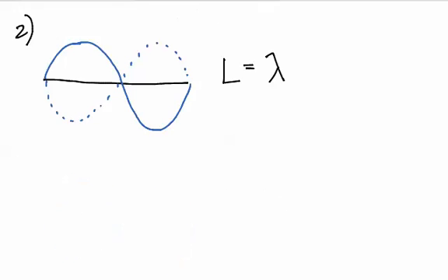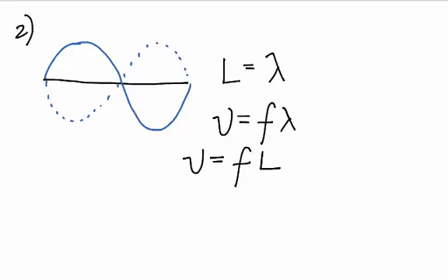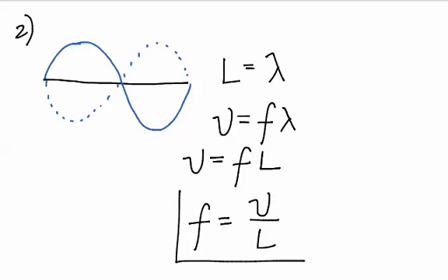Okay. I'm going to play the same game I did a minute ago. Speed is equal to frequency times wavelength. So the speed is equal to frequency times L. So our frequency would be speed divided by L. That's a lot of fun, right?